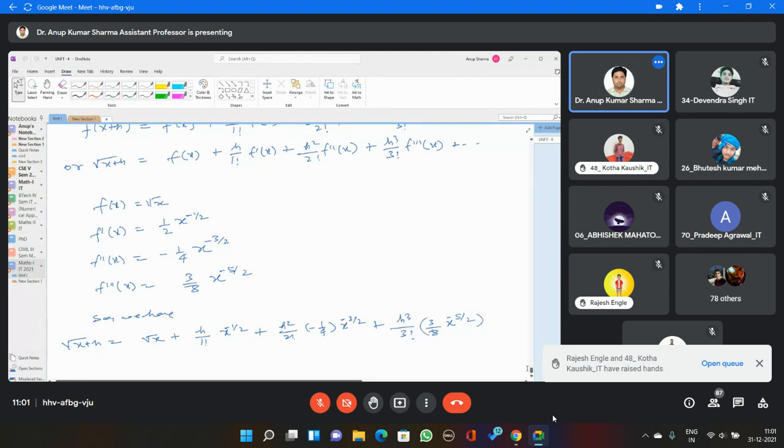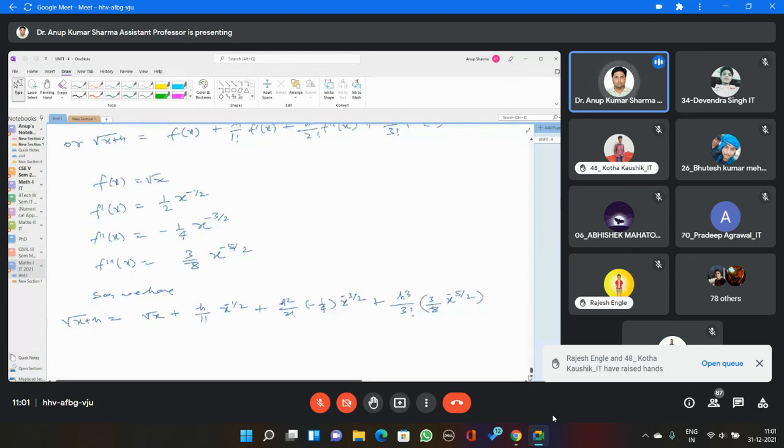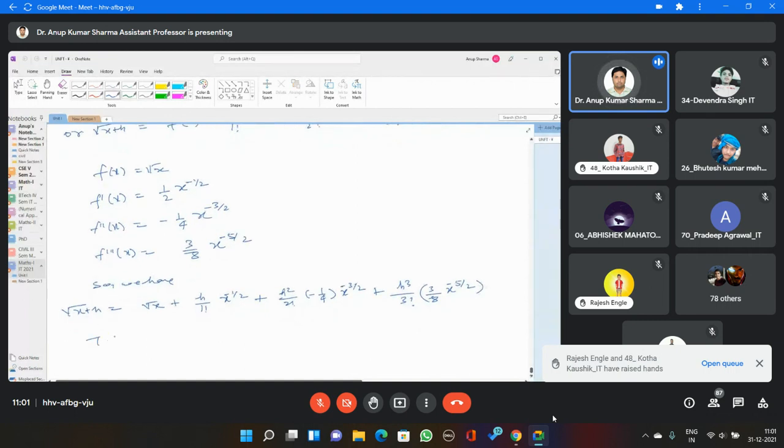This is what we need to evaluate. Now you take the value x is equal to 9 and h is equal to 1.